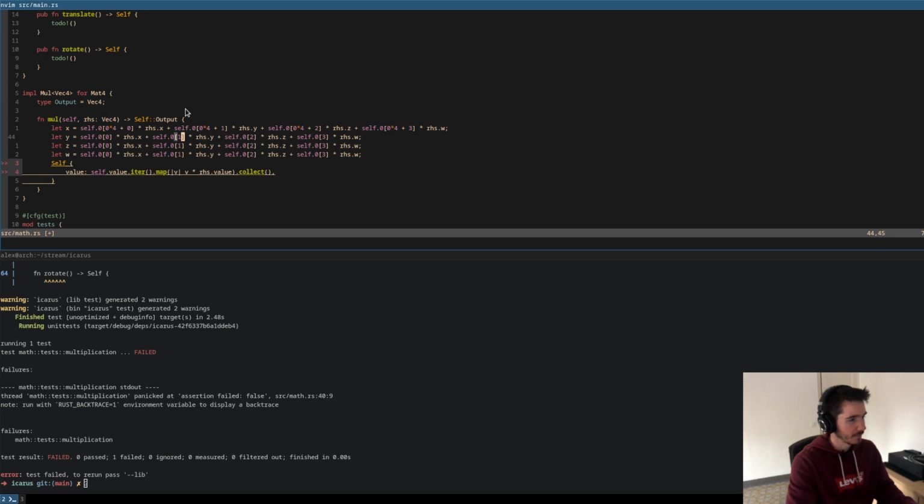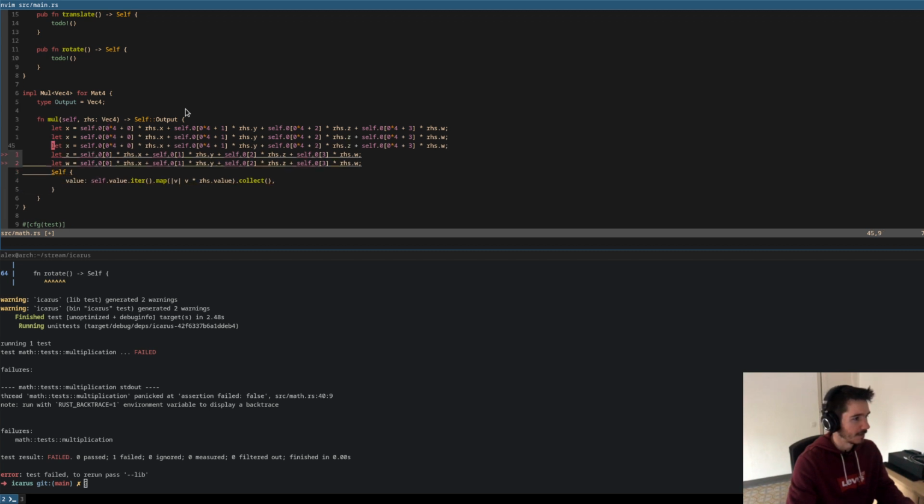And then this can be the same, except that now we multiply this by 1. So this is the index of the row we're currently looking at, right? So let me copy that now.